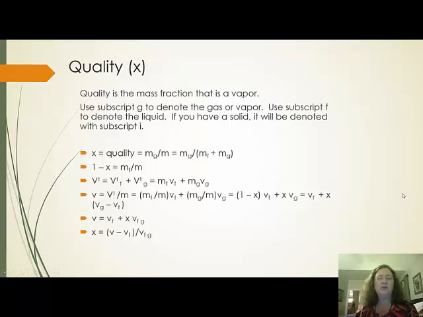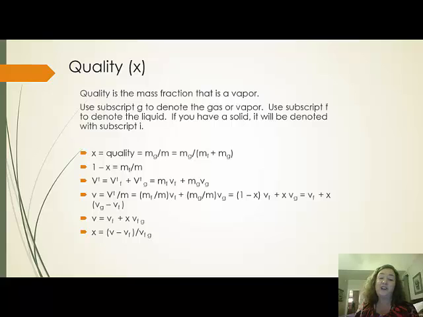Now, I'm not going to go through the full details of this derivation. You should have seen it in a previous course. But essentially, if I want the mass fraction that's vapor, I'm going to take the mass of the vapor divided by the total mass, and I can relate that to volume.